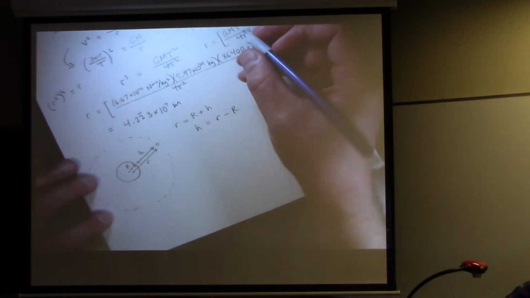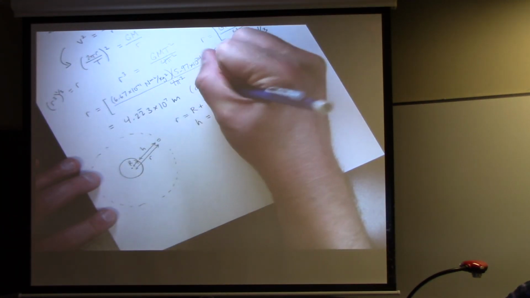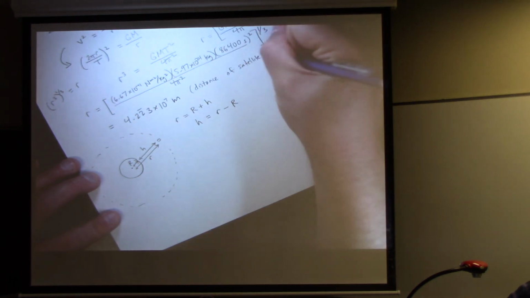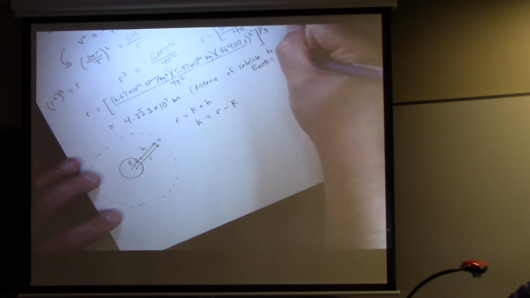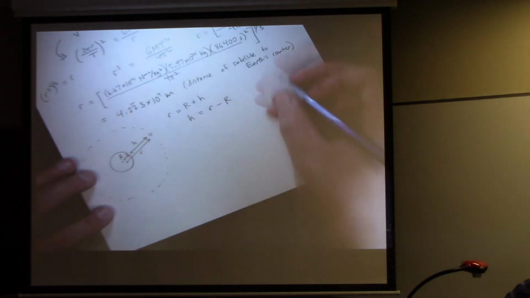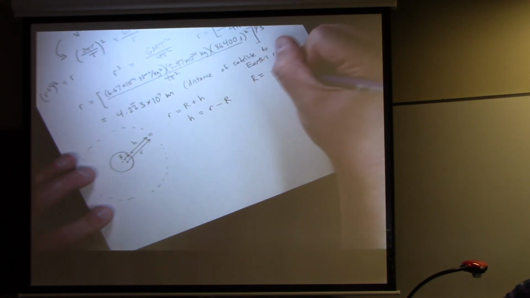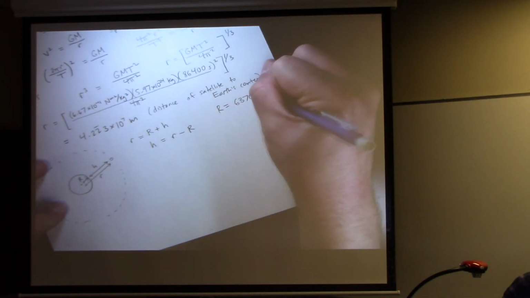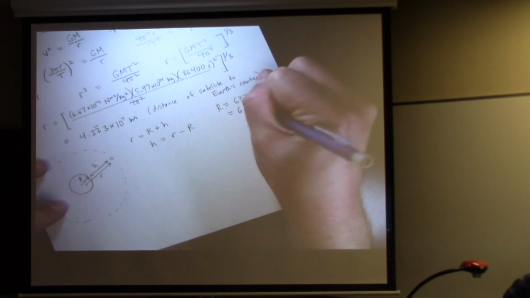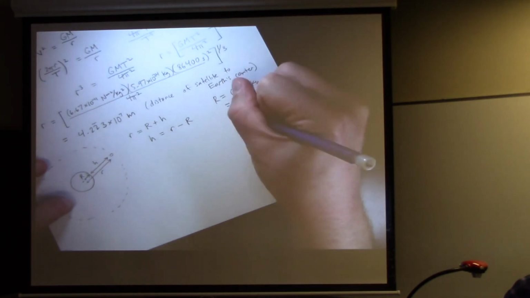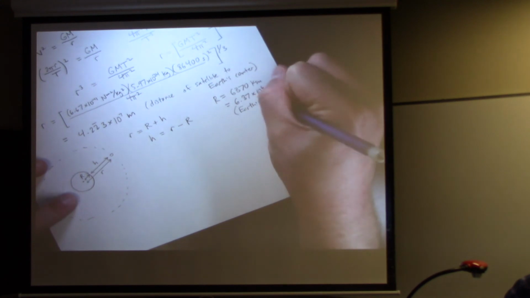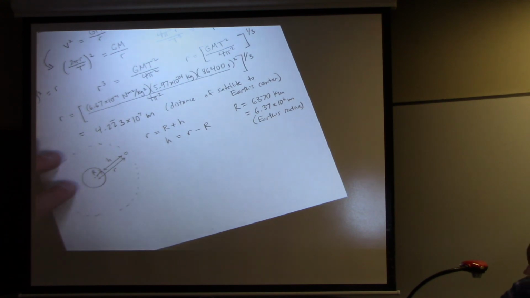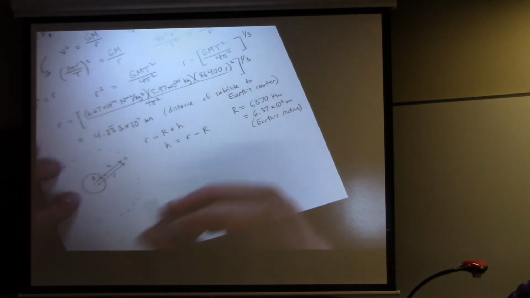Okay, so what we found over here is the distance of the satellite to Earth's center. We're also given the radius of the Earth, which is 6,370 kilometers. That's actually the same as 6.37 times 10 to the 6 meters. That's Earth's radius. So apparently what I need to do to find h, the height above the surface of the Earth, is subtract these two numbers.